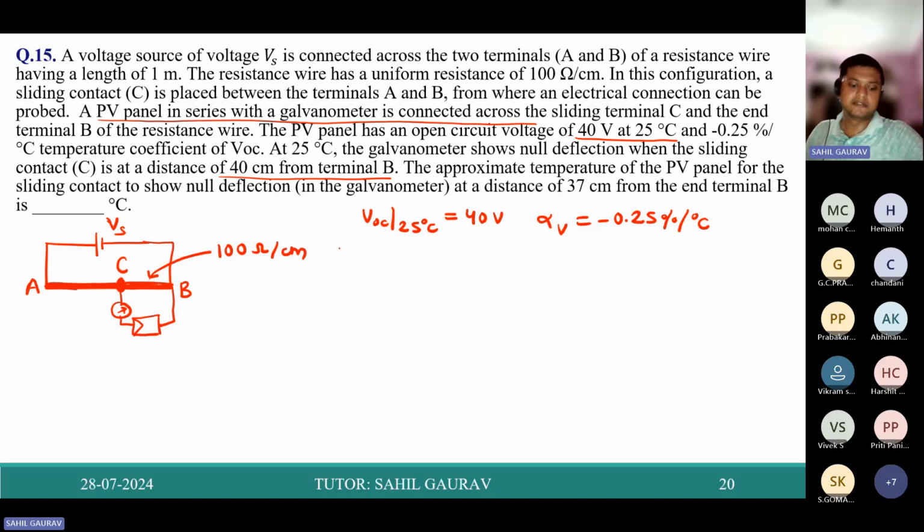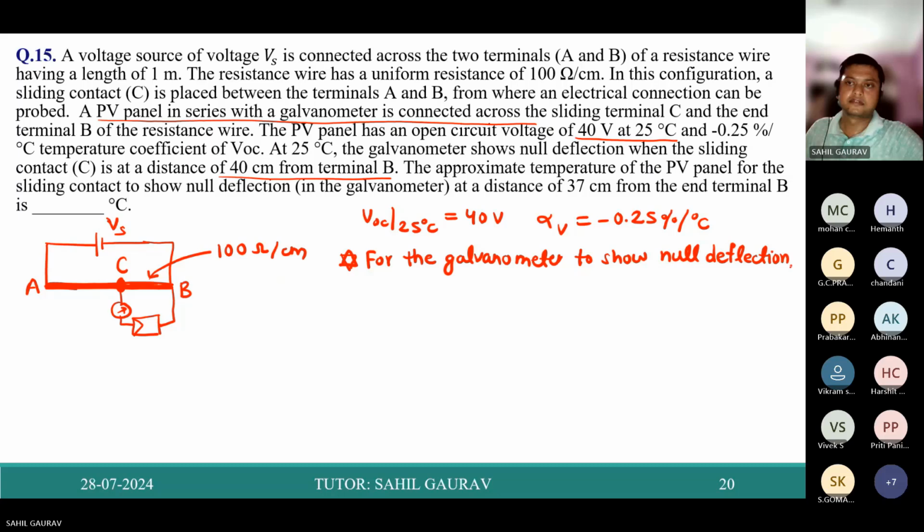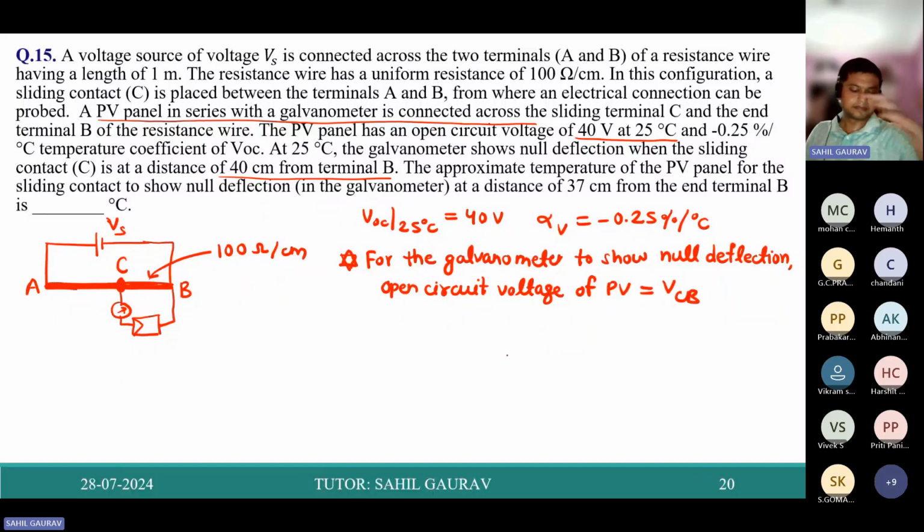When this galvanometer shows null deflection, the open circuit voltage of the PV panel should be equal to the voltage across the CB terminal.